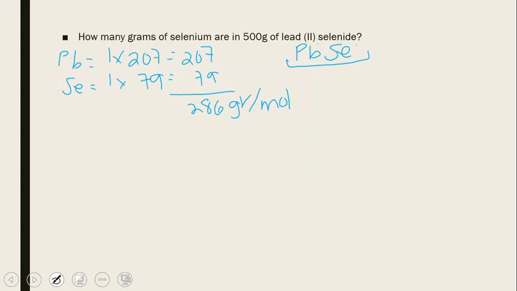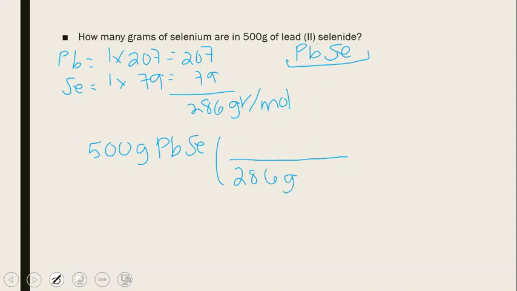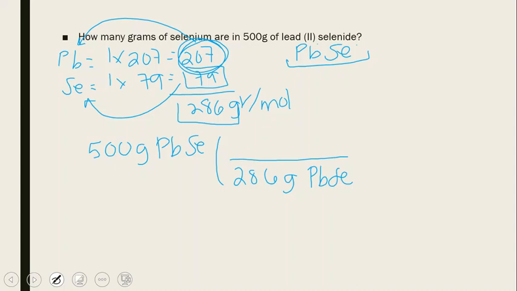Okay, my data is 500 grams of lead-2 selenide, and this is the molar mass of the whole compound. Okay, we have 286 grams of lead selenide. In these grams, I have this quantity of lead. But they asked me about selenium.